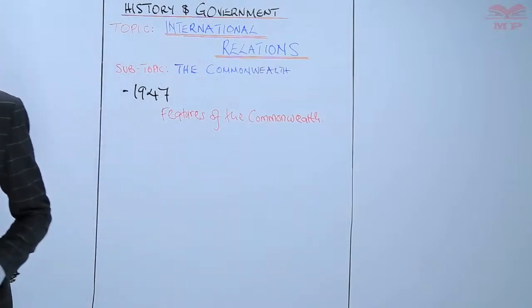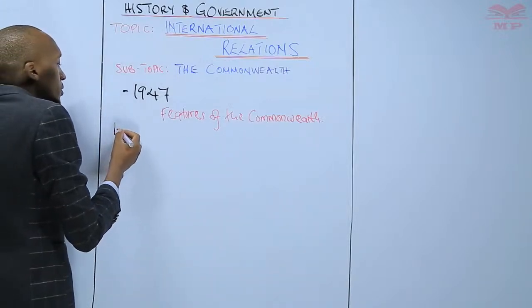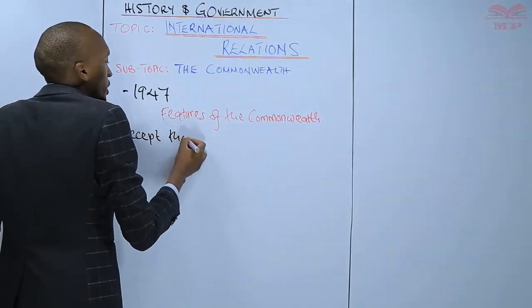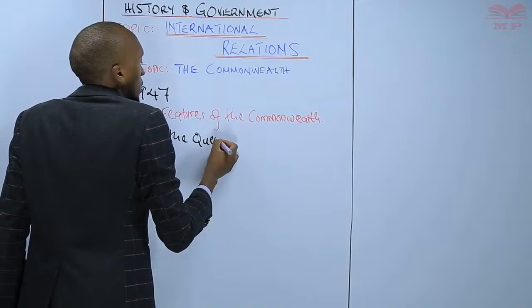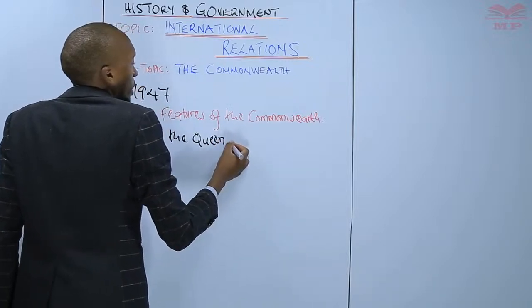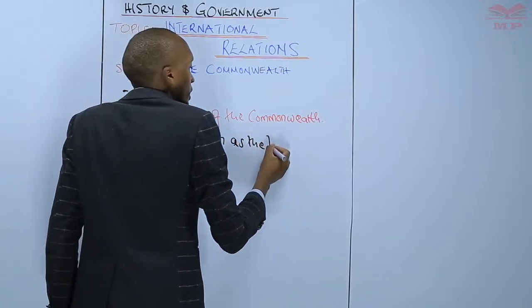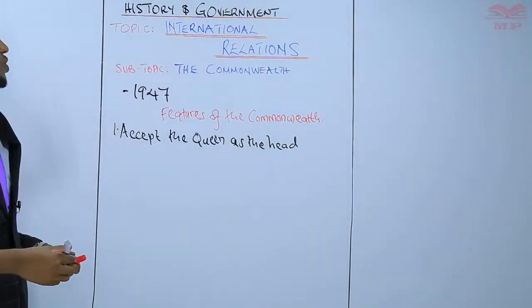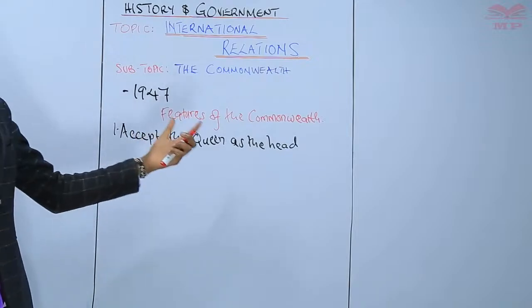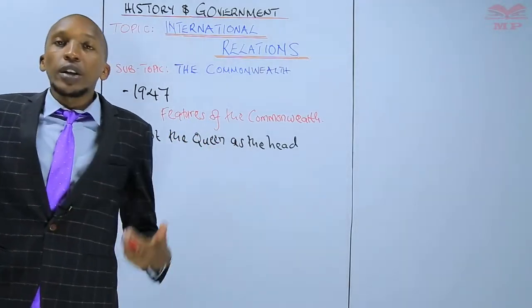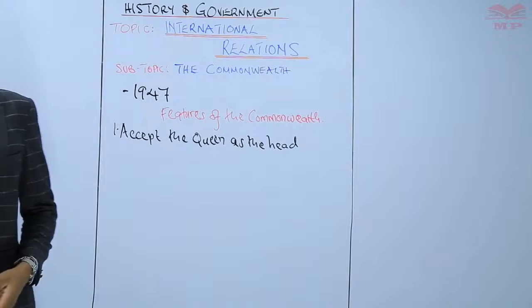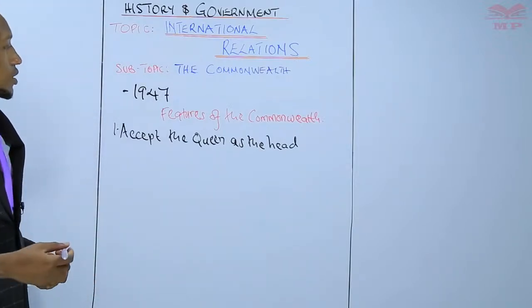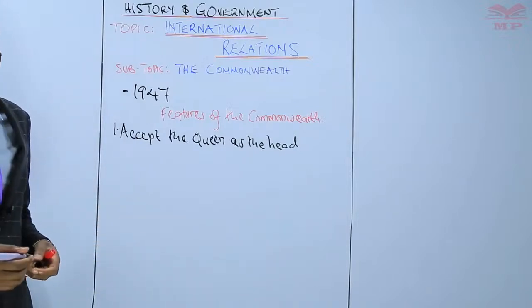So the first characteristic is that they accept the Queen as the head of the organization. All the members of this Commonwealth accept the Queen as the head of the organization. So the Queen is the overall head of this organization.